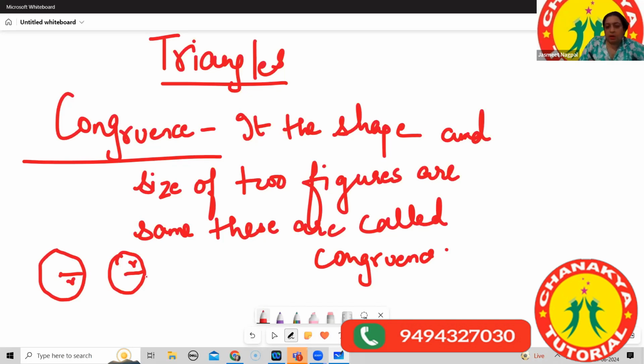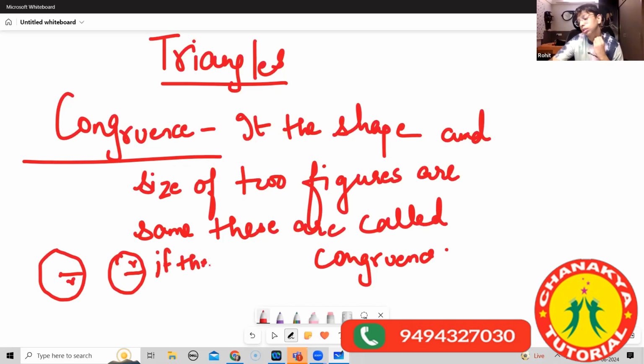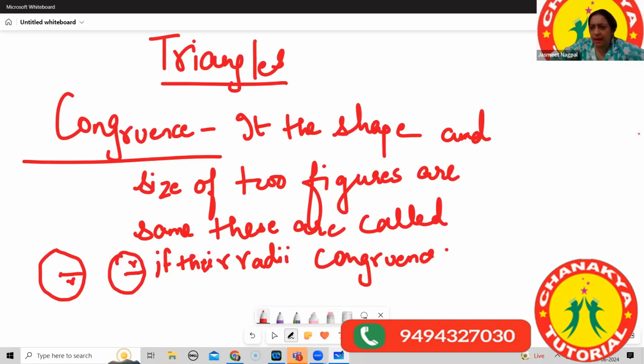Two circles are congruent if their radii are the same. Circle is not part of this triangles chapter, but this is an example.